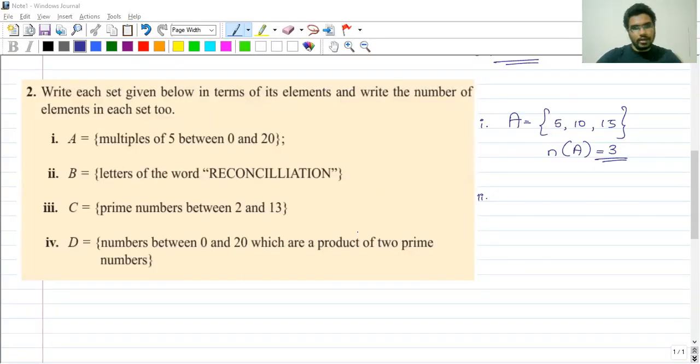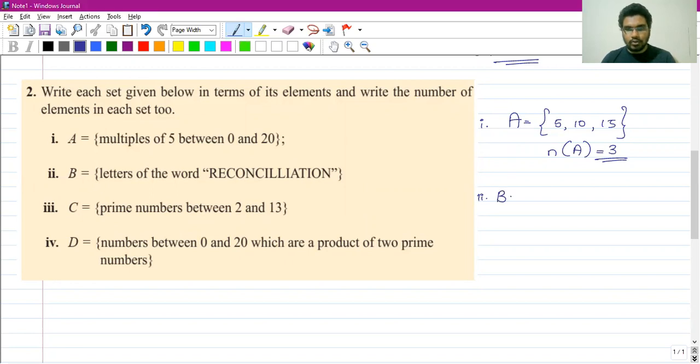Okay, so when we write this set, we can say B is equal to, shall we see the letters in this word reconciliation? So we can say here R is there, E, C, O, N.